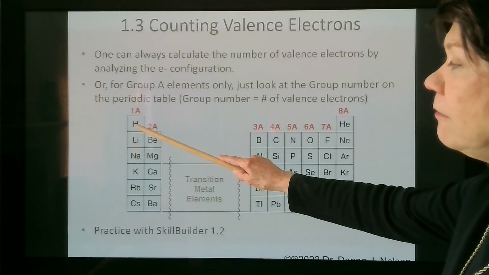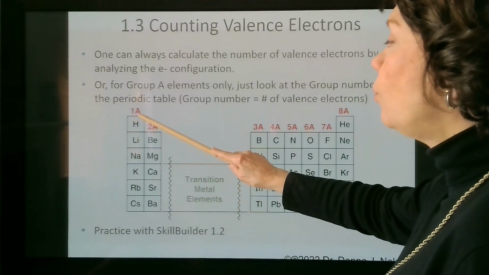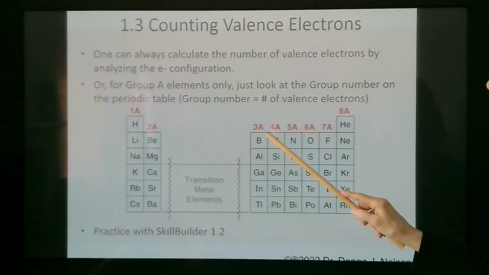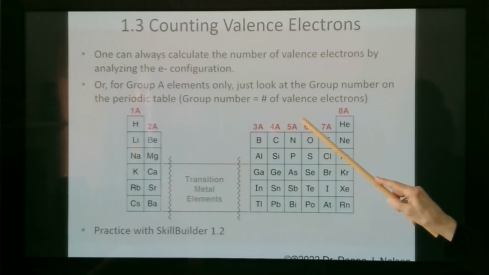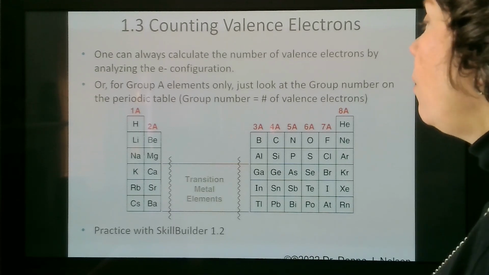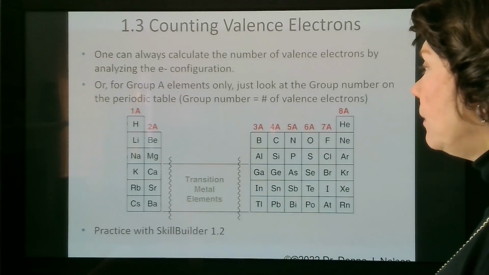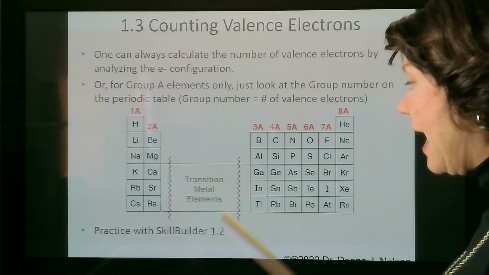Here, the number of valence electrons hydrogen has is 1, beryllium 2, and then for boron, carbon, nitrogen, oxygen 3, 4, 5, and 6, fluorine is 7. And so you just look at the group number of the periodic table in order to know the number of valence electrons for that atom.